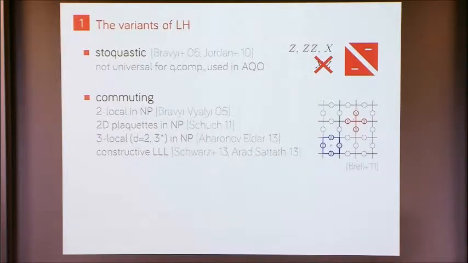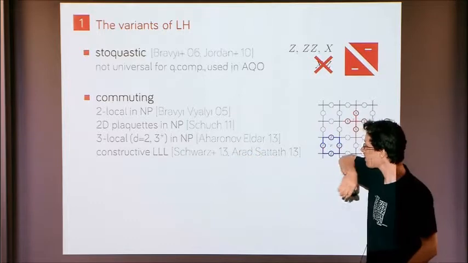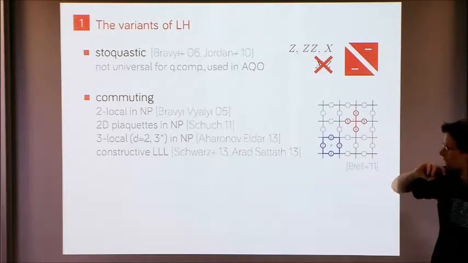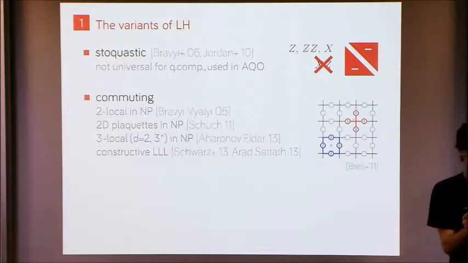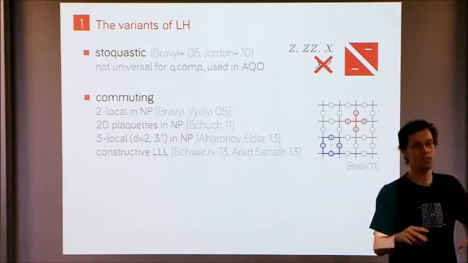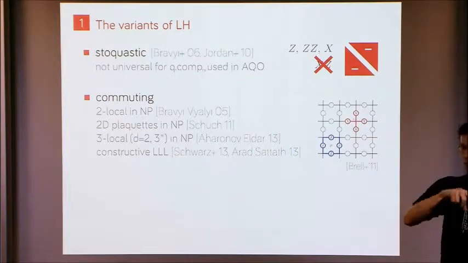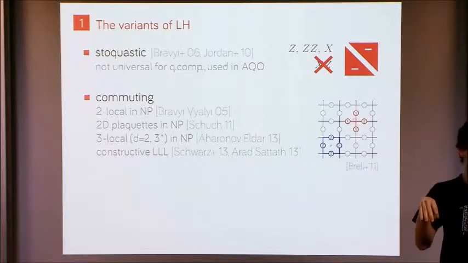Another interesting thing about commuting Hamiltonians is the constructive Lovász local lemma, proved by Martin Schwarz and others, and by Itai and Or last year, where we really have an algorithm to find the ground state. But it's under the conditions of the Lovász local lemma, which means there are not too many conditions on each of the spins, and the conditions themselves are commuting.